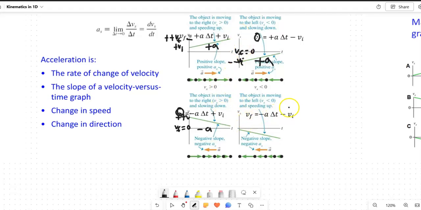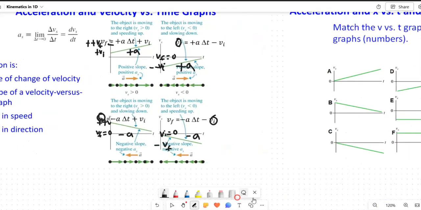Here, your initial velocity is 0. But your final velocity is negative. And that slope is negative. So this is an object speeding up as it's moving to the left. This is an object slowing down as it's moving to the right. This is an object slowing down while moving to the left. This is an object speeding up while moving to the right.